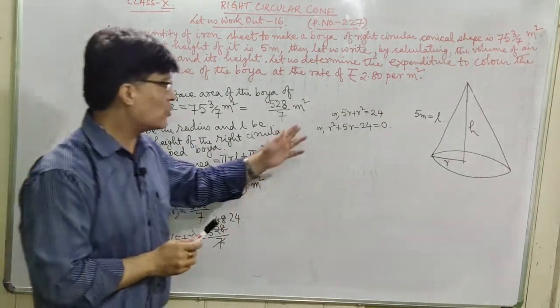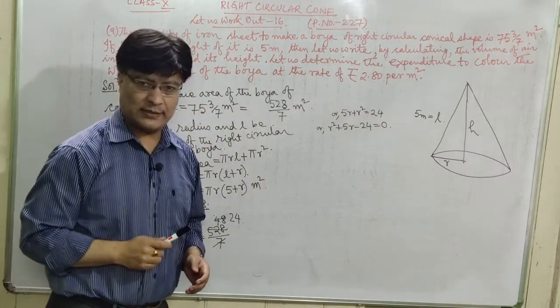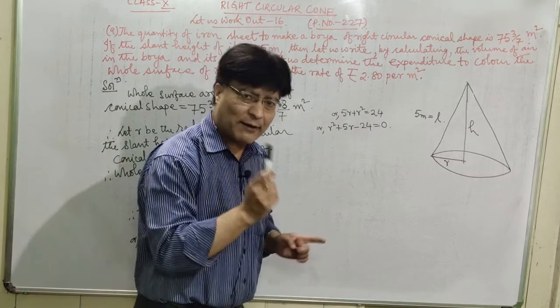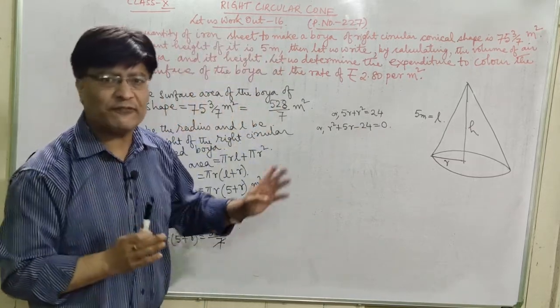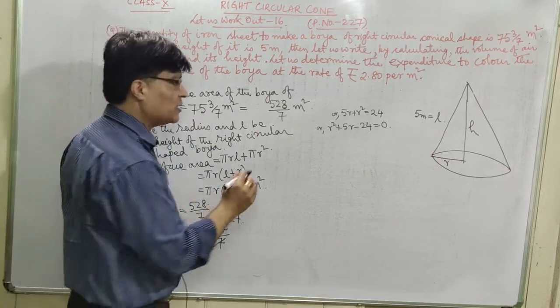You know that this is a quadratic equation in r. You can factorize it. If you multiply the two numbers, you should get 24, and after subtracting the two numbers, you should get 5. That means 8 3s are 24 and 8 minus 3 is 5.